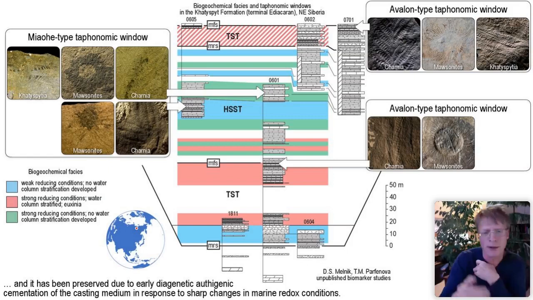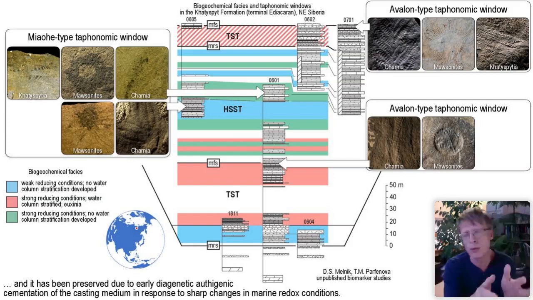And I'm pretty sure this is the case in other localities, and we should be very, very careful with interpreting the time of the origin of eumetazoans and the time when they went extinct. And I would say that they possibly never went extinct. It's just the closure of the taphonomic window because of the stabilization of the redox environment. So probably I should stop here. Thank you very much.